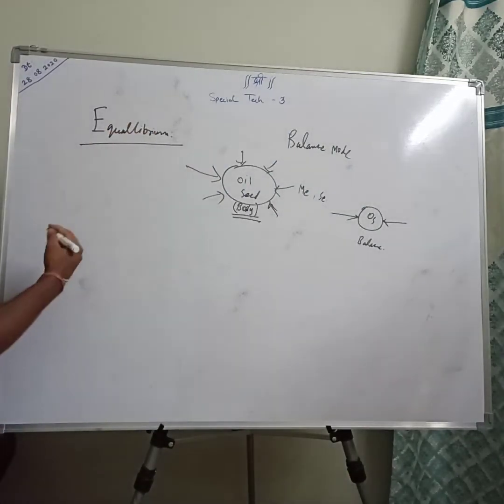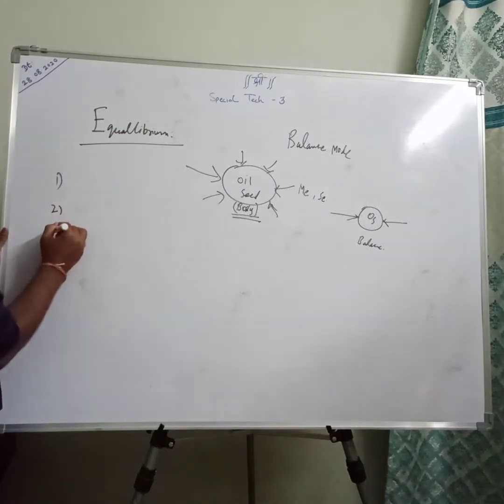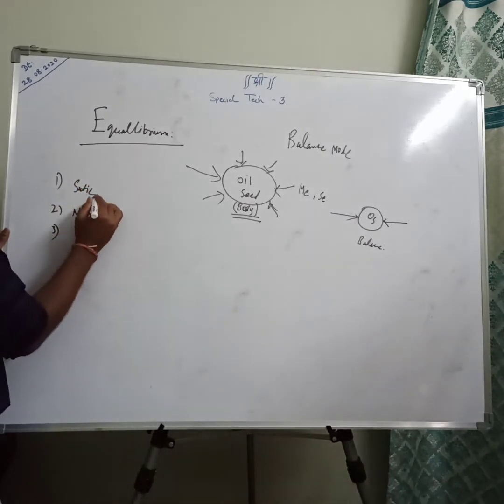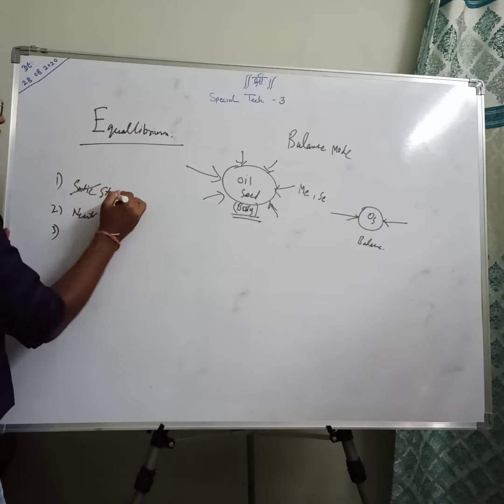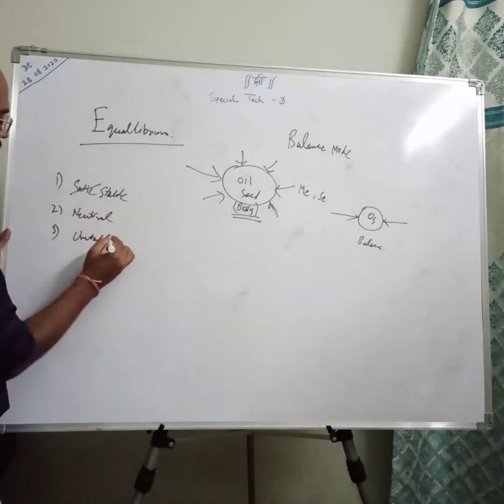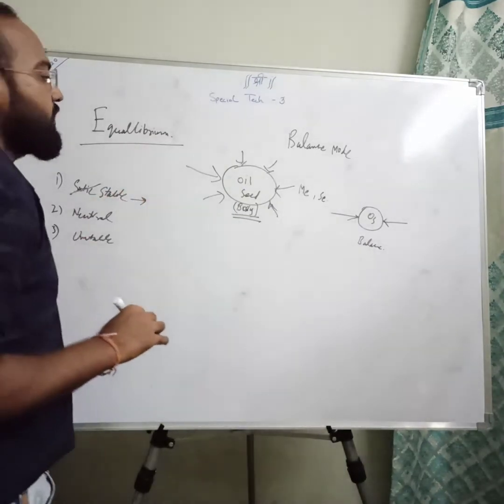Basically, when we classify equilibrium, there are three types: stable, neutral and unstable. Stable means this is our body.